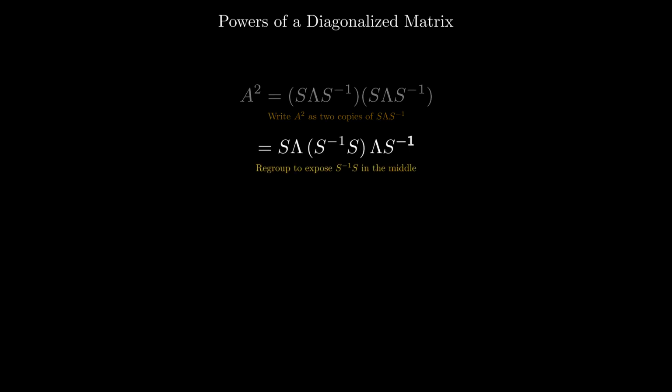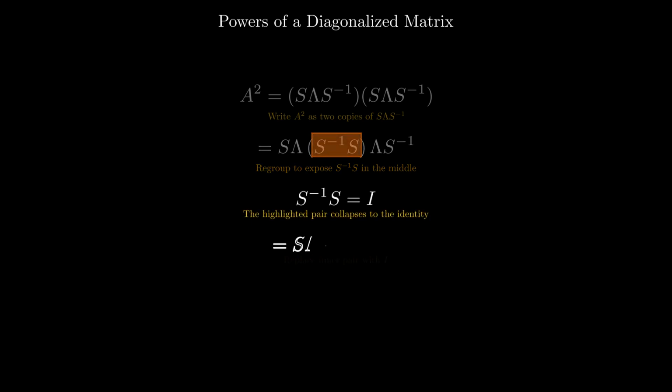Now for the algebraic argument. A squared equals S lambda S inverse times S lambda S inverse. Look carefully at the middle of this product. We have S inverse times S sitting right next to each other, and that collapses to the identity matrix. So the expression becomes S lambda times the identity times lambda S inverse.